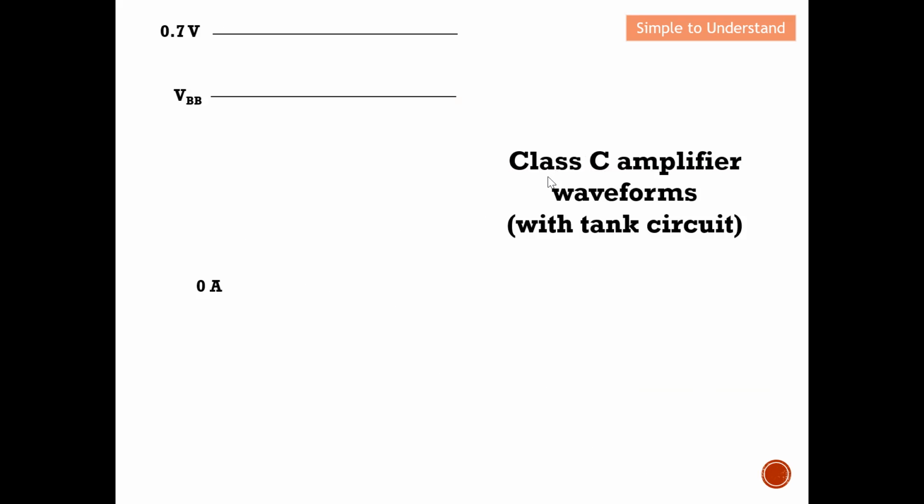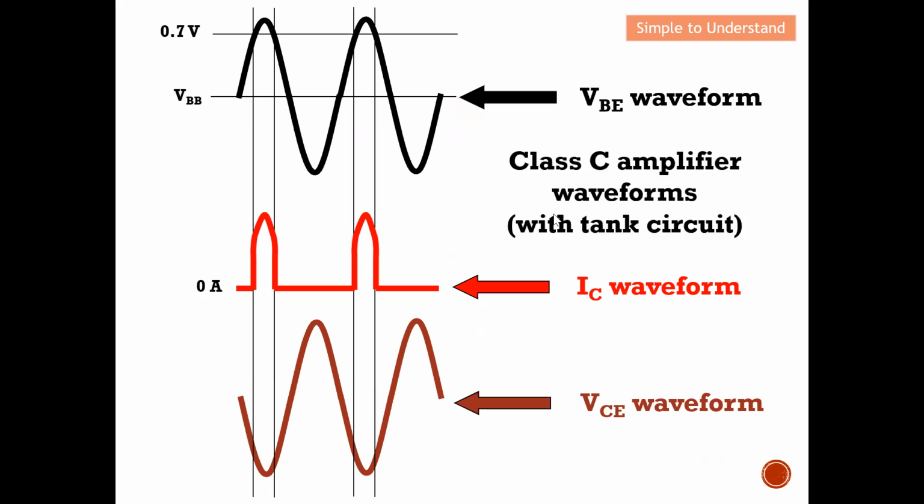So let's see how the Class C amplifier waveform works with the tank circuit. Over here you can see this is basically the VBE, and at the collector, the current which I had shown to you earlier. When IC is flowing, we actually have a low VCE.